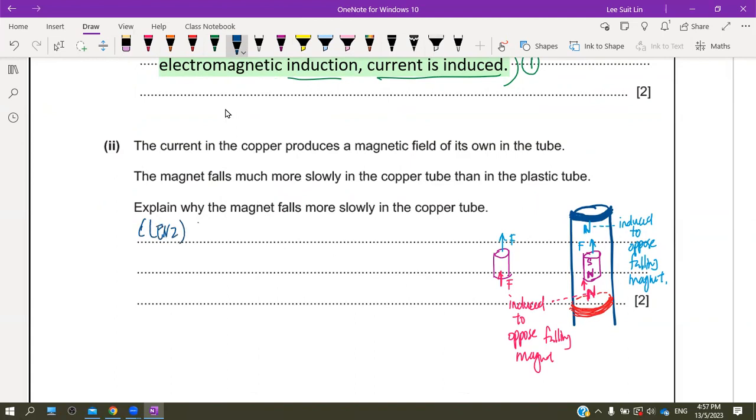We say that there exists an upward opposing force on the magnet bar.